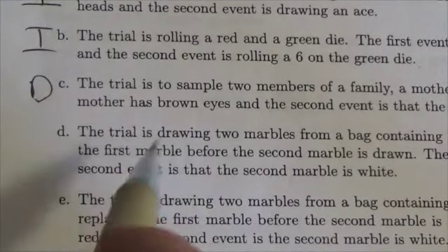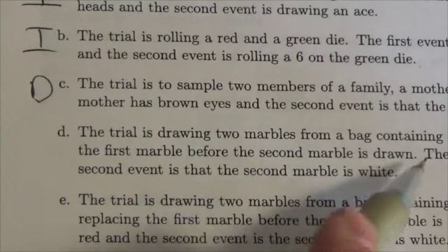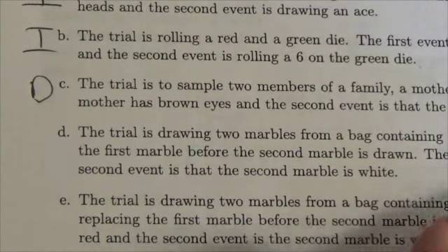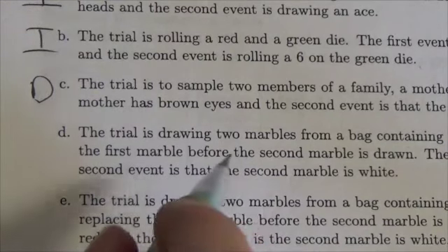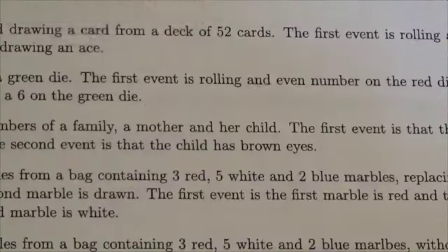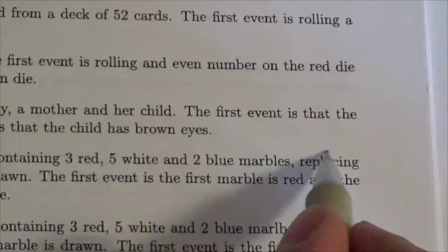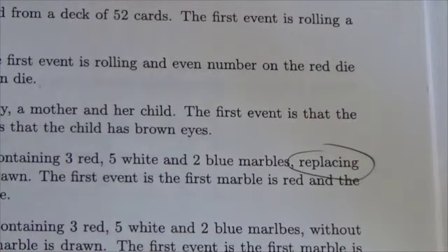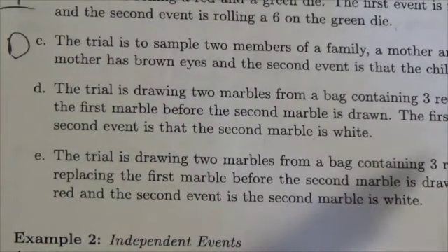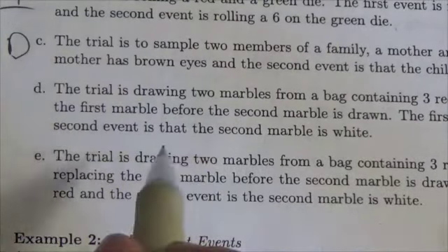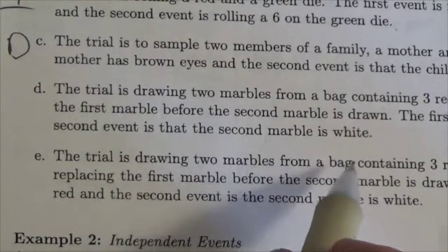The trial, D here, is drawing two marbles from a bag containing 3 red, 5 white, and 2 blue marbles, replacing the first marble before the second is drawn. Okay, now that's an important word there: replacing. So we're going to talk that through in just a second here. The first event is that the first marble is red, and the second event is that the second marble is white.